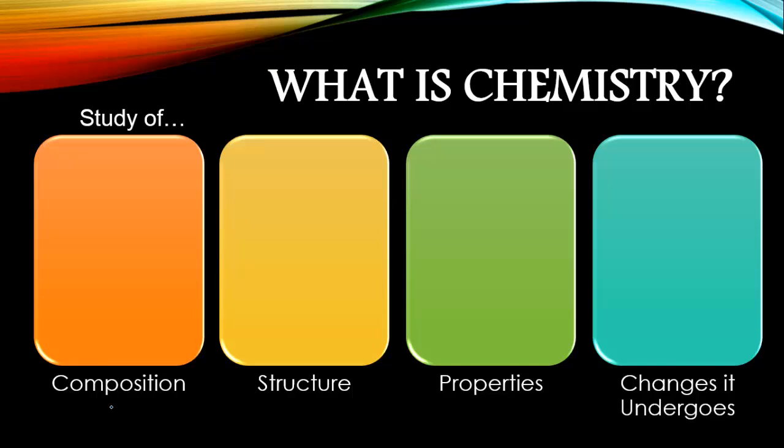So, what is chemistry? Chemistry is the study of composition, structure, properties, and the changes it undergoes. If we look at composition, what do we mean by composition? Basically, what is in a molecule? For example, water. We know water has 2 hydrogen atoms and 1 oxygen atom.